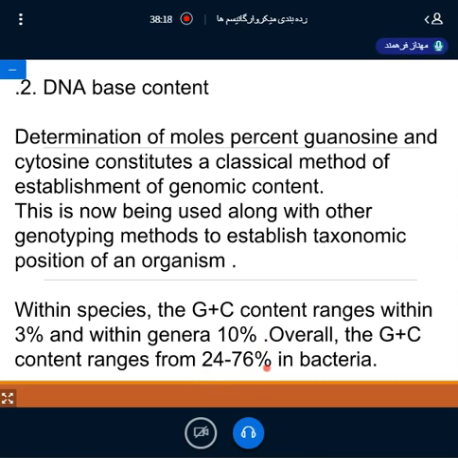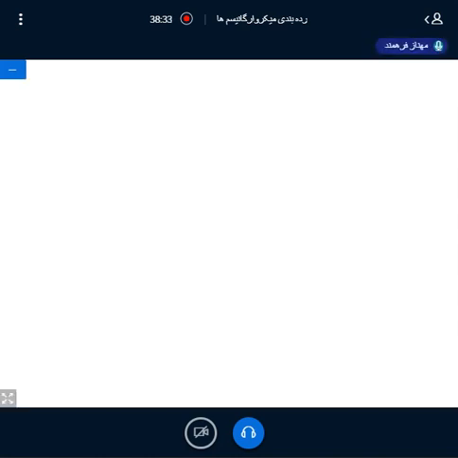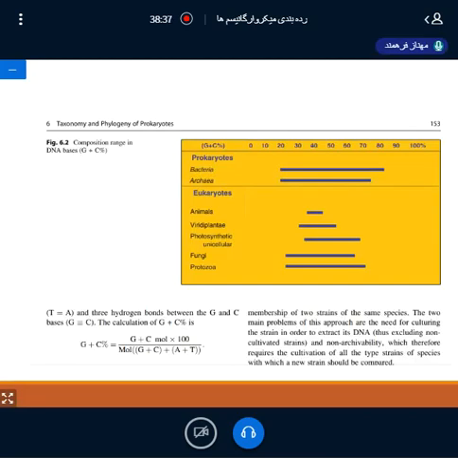We can see the percentage of this content, I mean guanine plus cytosine mole percentage. So another way is calculating of this percentage.